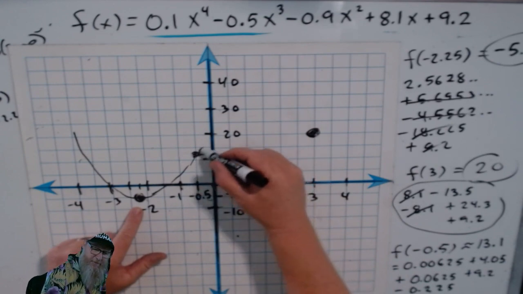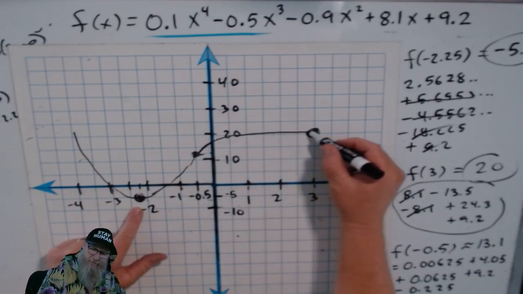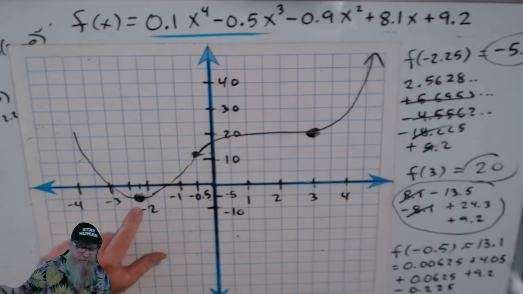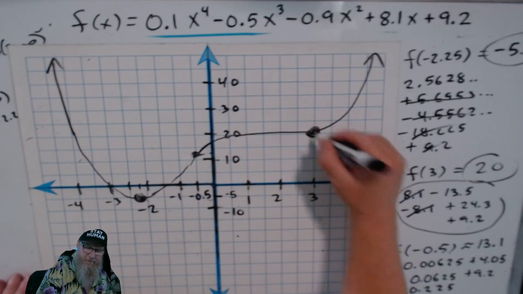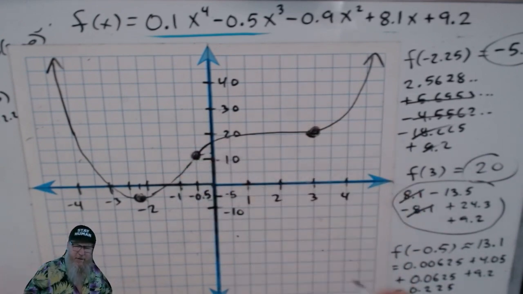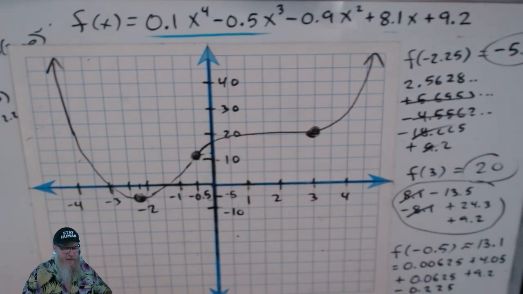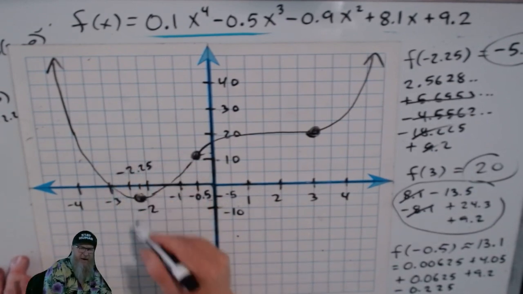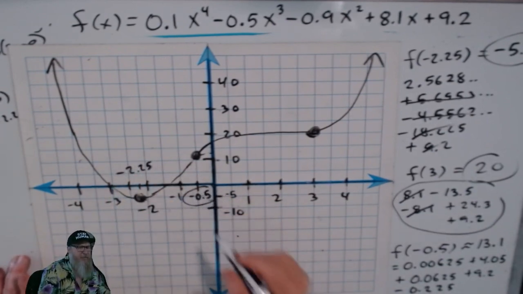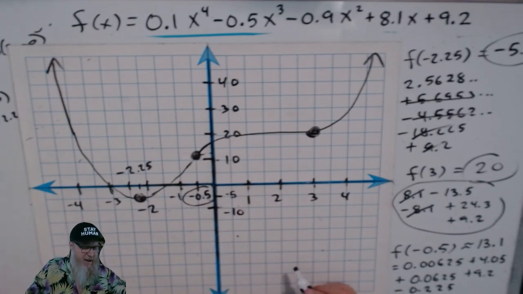Then this was an inflection. So that's our graph. And let's make sure everything makes sense. So this is negative 2.25. This is negative 0.5. So we have concave up. Good. Yeah, concave up.